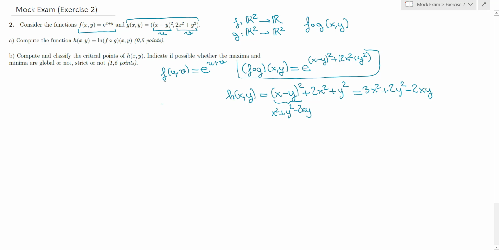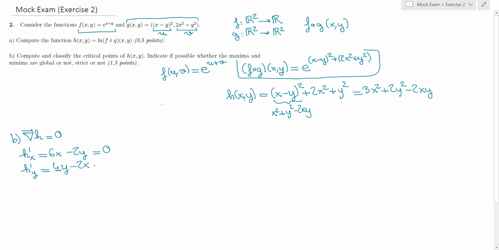And then in B, we are asked to compute the critical points of this function. So for the critical points, we need that the gradient is 0. Partial derivative with respect to x is 6x minus 2y. The partial derivative with respect to y is 4y minus 2x.